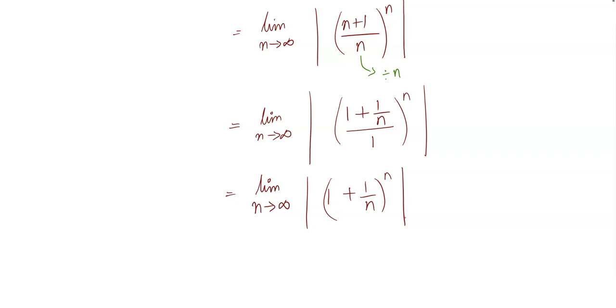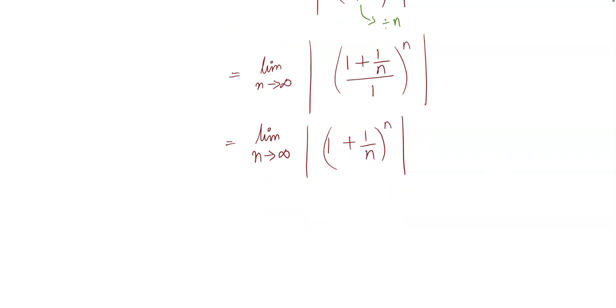Now n is a positive integer, isn't it? Therefore 1 plus 1 over n will be a positive expression. That raised to the power n will also be positive because n is positive. And we know that n is a positive integer, so we don't have the condition of n being a fraction. And therefore we can drop the absolute value bars. Okay.